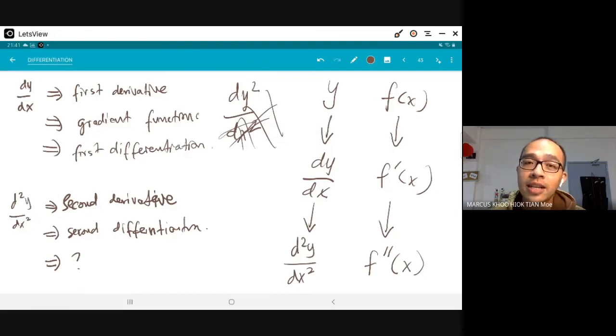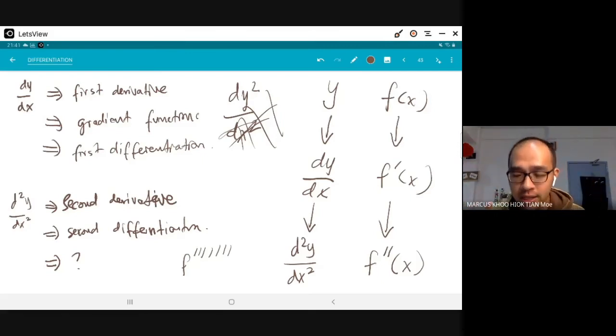How many times you want to differentiate is how many times you have to prime it. If you prime twice, you differentiate twice. If you prime 10 times, you differentiate 10 times. How do you read it? It's read as it is, f prime, until your mouth gets tired of the word prime. But anyway, let's limit our discussion to just the second prime.